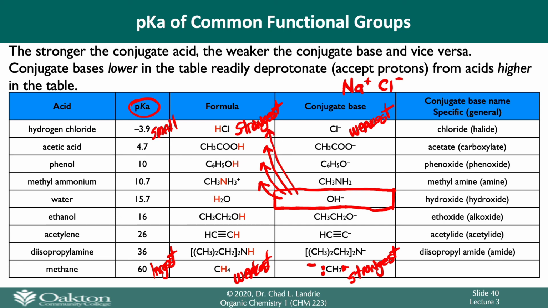That's really important. Let me say that again. If you're looking at a table where pKa is sorted from smallest to largest, the conjugate base is always able to remove hydrogens from all the conjugate acids above it. And you can figure that out just by looking at the table and not doing the math.